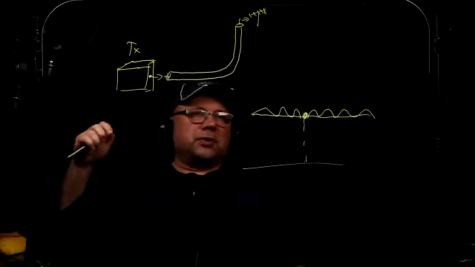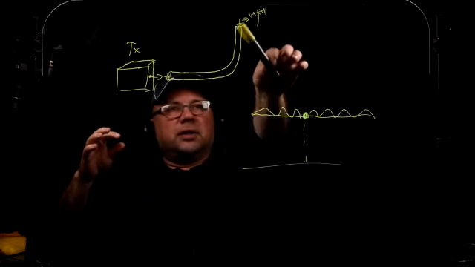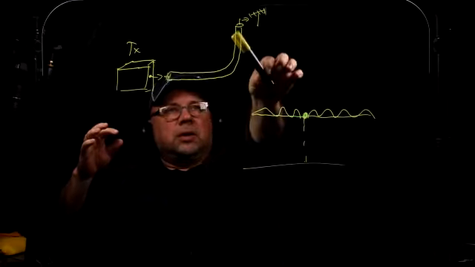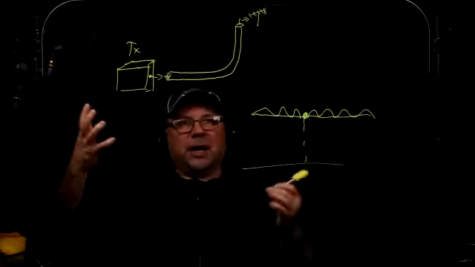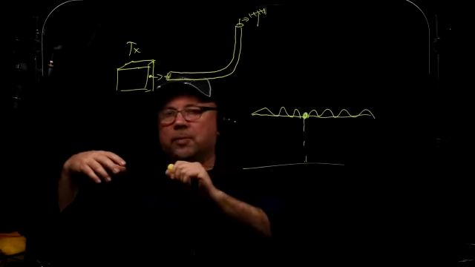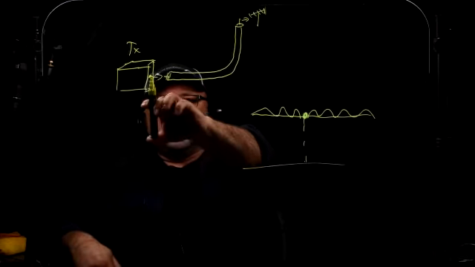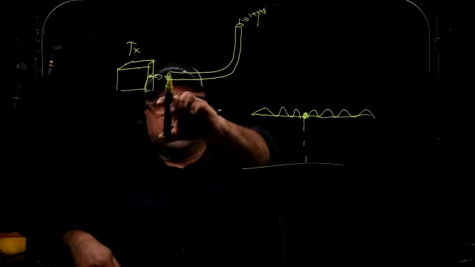So yes, they're going to have some capacitance. The total capacitance of the cable is going to change with the length of the cable. However, the transmitter only cares about inserting the signal into this cable.